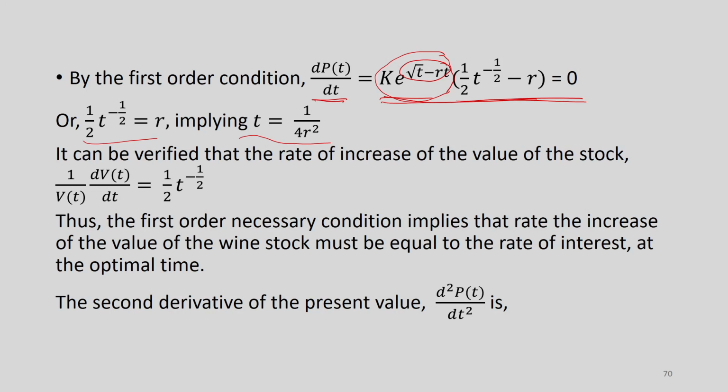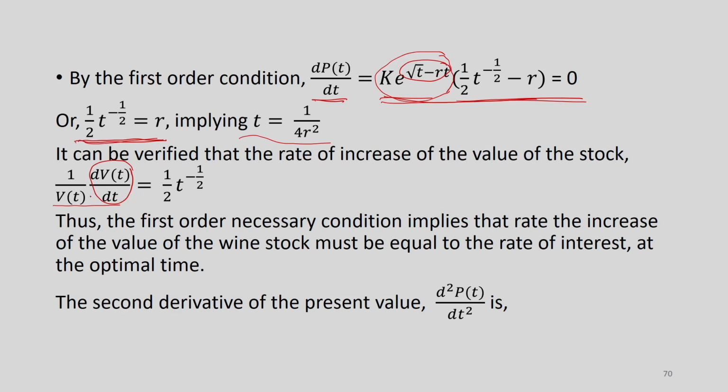Okay, what does this condition mean? This condition, I am talking about this condition. Now, it can be verified that the rate of increase of the value of the stock is this, because this is the instantaneous increase of the value of the stock.